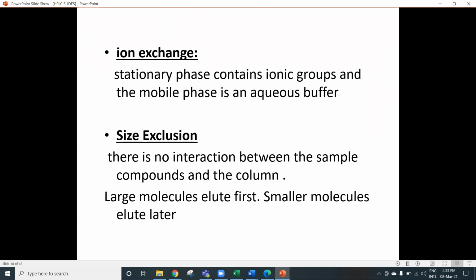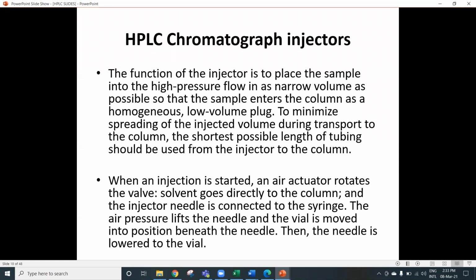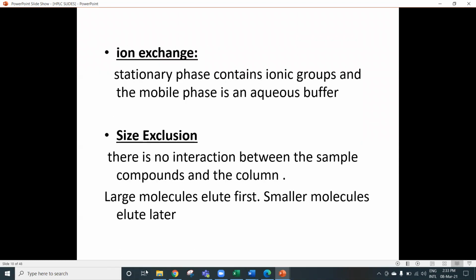You could also have ion exchange, whereby the stationary phase will contain ionic groups and the mobile phase will be a buffer. Then size exclusion can also take place. You can practice size exclusion chromatography using HPLC. And here, the separation will be based upon the size of your molecules. Large molecules will elute first, while smaller molecules will elute much later.